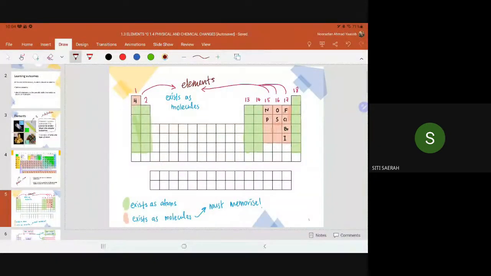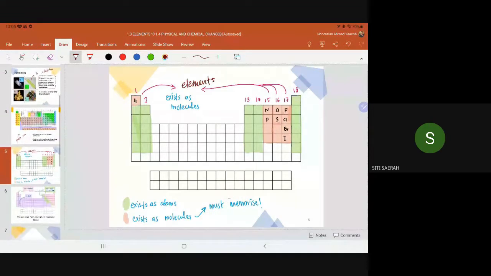So this you have to memorize. We know group 13 exists as atoms, 14 exists as atoms, 18 exists as atoms. Groups 2 and 1 also exist as atoms. So this you must memorize. Okay, you just memorize it.